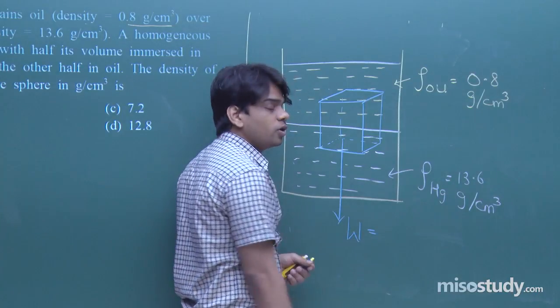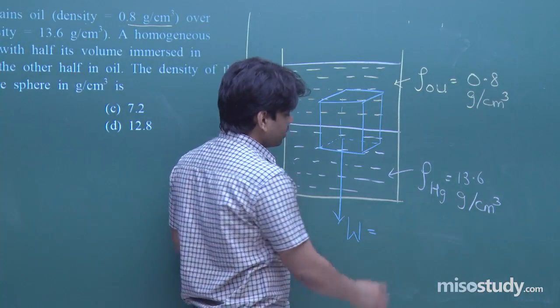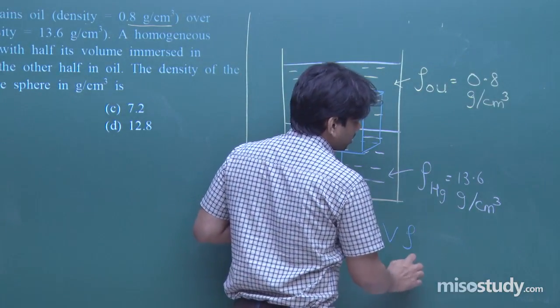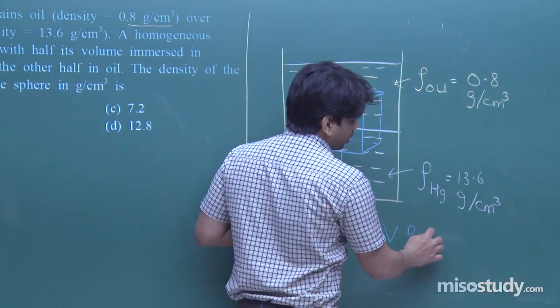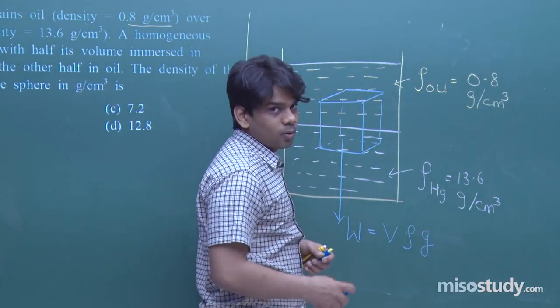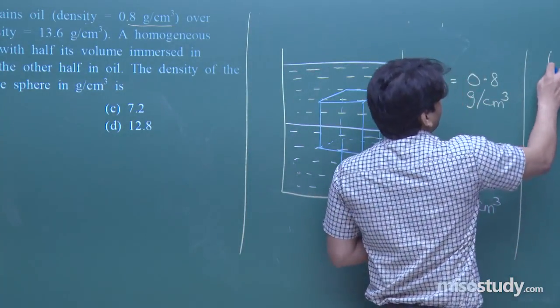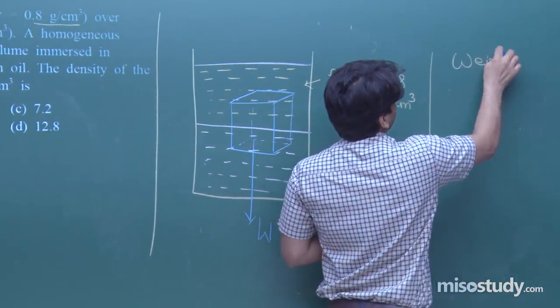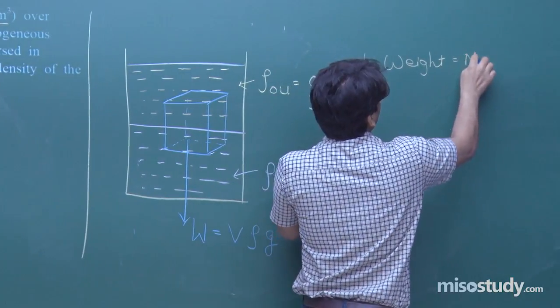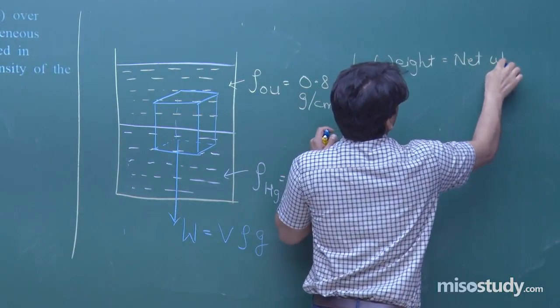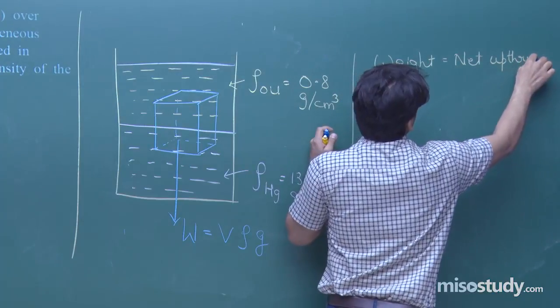Its weight will be equal to volume into density into gravity. So volume into density of the substance, let's take it as rho, into gravity. Volume and density will give you mass, into gravity that will give you the weight. So weight will be equal to net upthrust.